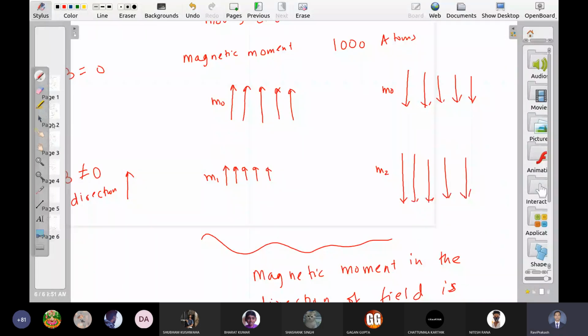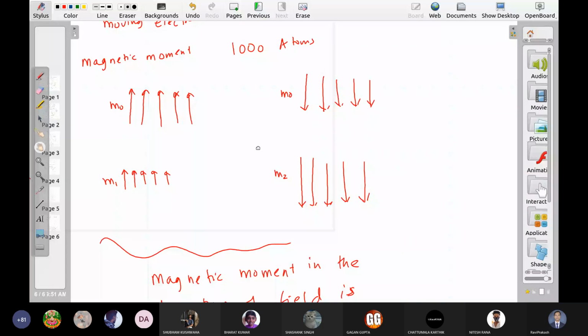What was the initial overall magnetic moment? 0. What is the overall magnetic moment now? Because this size has reduced, this size has increased.